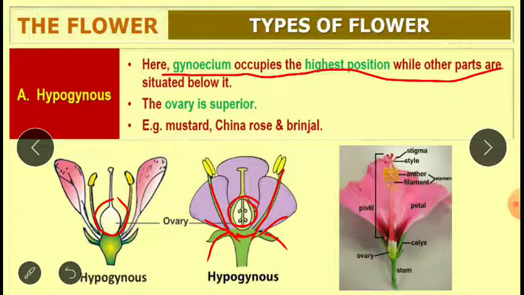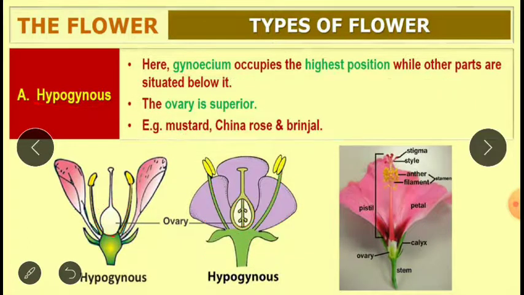So this type of ovary is known as the superior ovary. And this type of flower wherein the ovary is superior is known as a hypogynous flower. This type of flowers you can see in plants like mustard, China rose and brinjal.